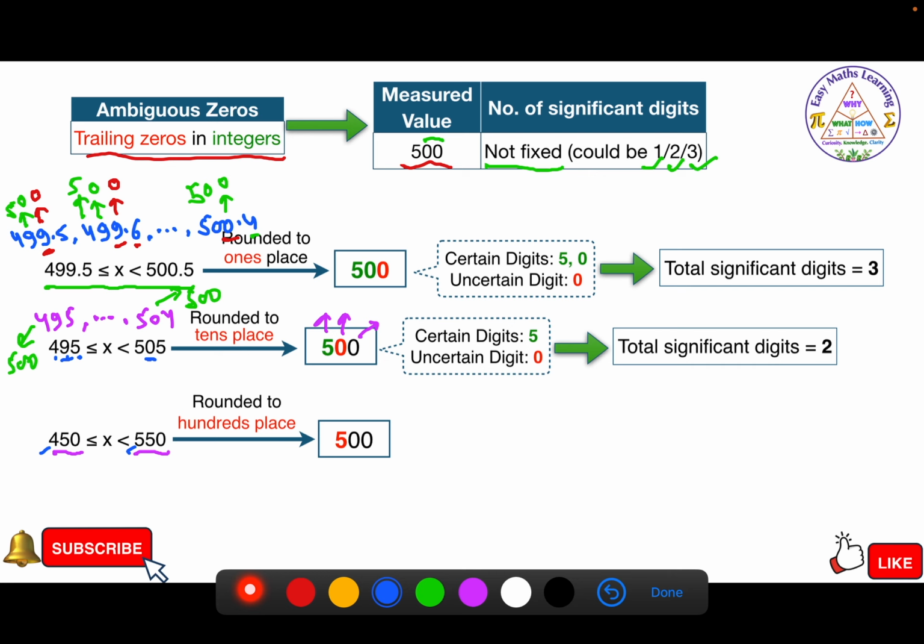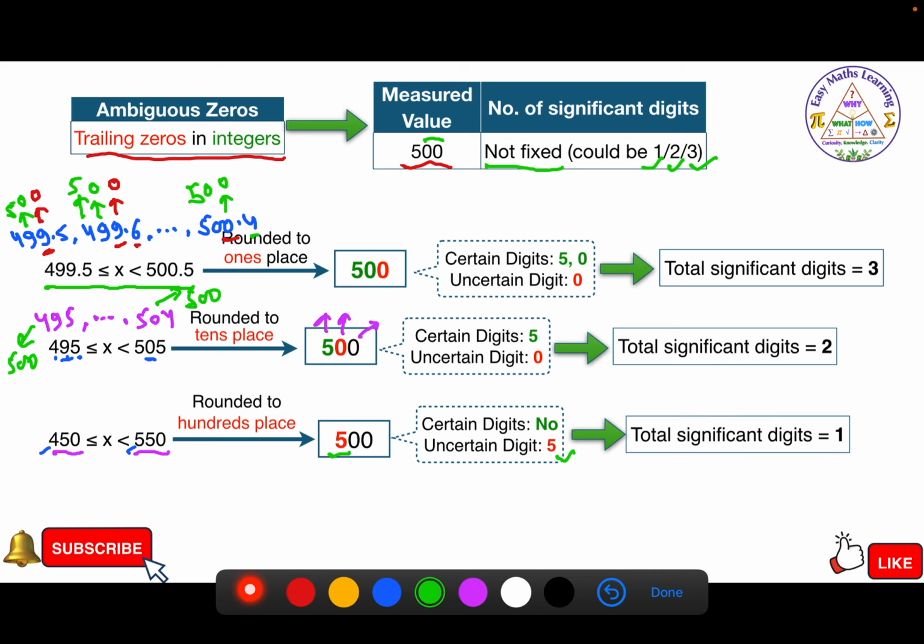So in this case, we have only one uncertain digit, and there is no certain digit here. So certain digit none, uncertain digit is only one, which is 5. That is obtained after rounding to the hundreds place. Therefore, total significant digits we have here is 1.